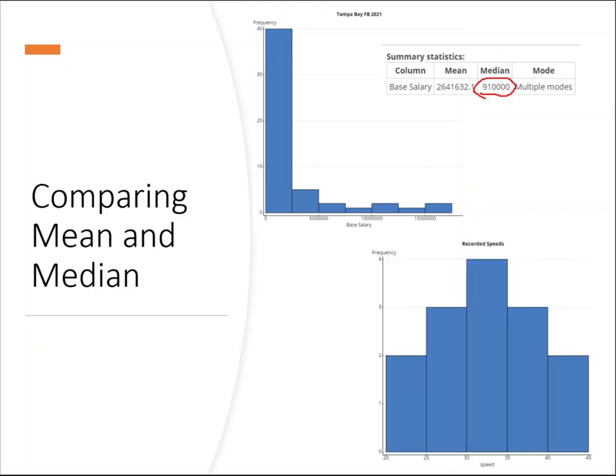Contrast that with the second example we did on the speed. Just looking at the shape of the histogram, again, we had a normal, or bell-shaped, distribution, which we said was a symmetric distribution.